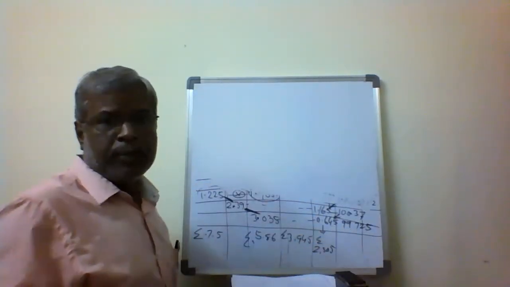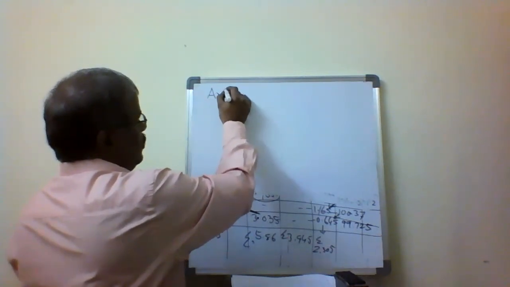So now I have to apply the arithmetical check for the rise and fall method.